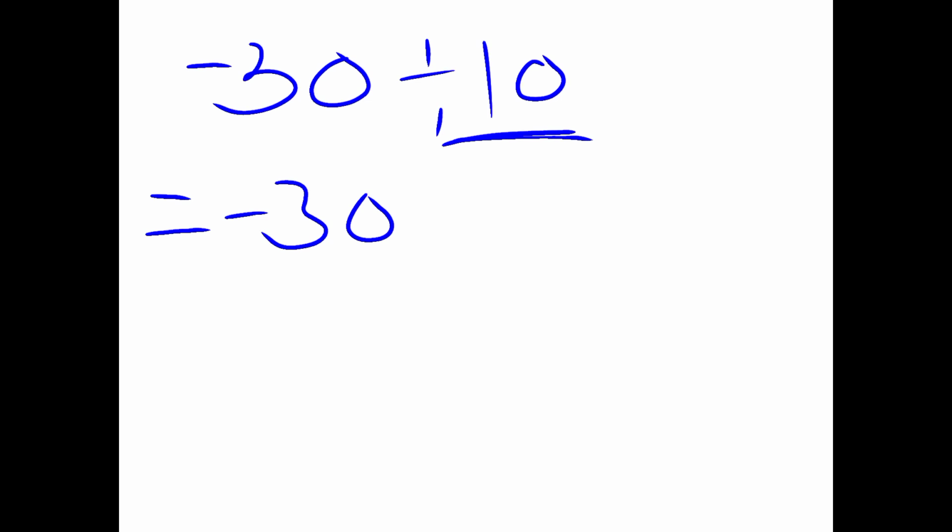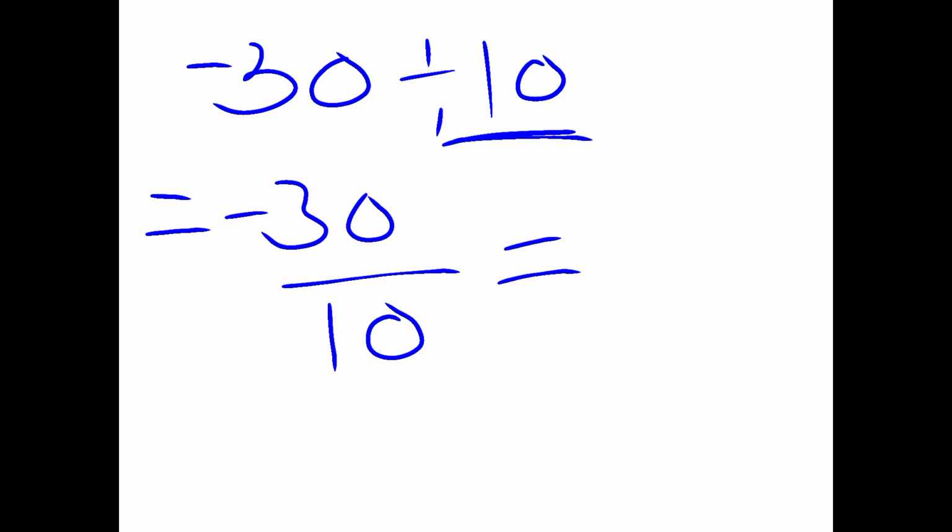So we can do one thing. We can write this in this manner: minus 30 over 10. Now you can easily divide. The division of integers is not different from the division of whole numbers, but here you have to consider what will be the sign of the result.